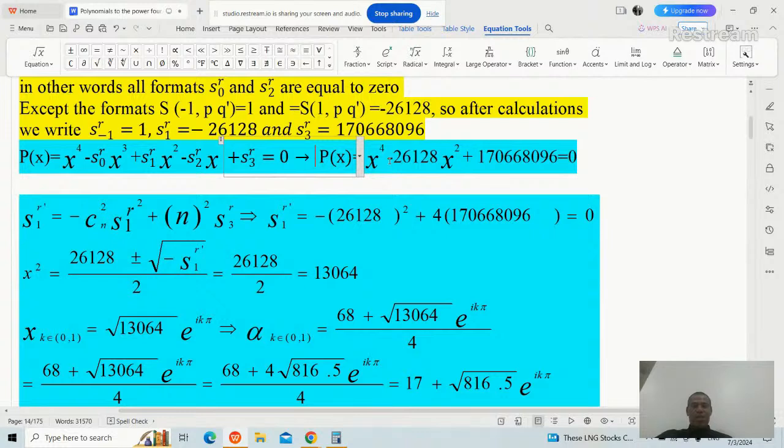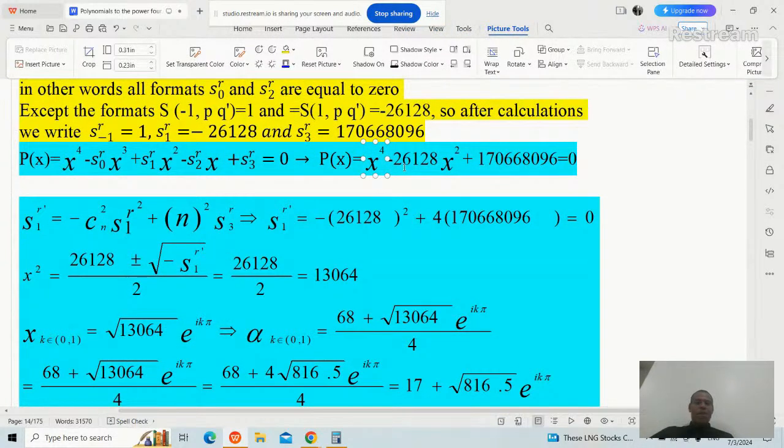Therefore, I will write p of x equals x raised to the power 4 minus 26,128 x squared plus 170 million 668,096 equals 0. Therefore, I can use my own discriminant formula.